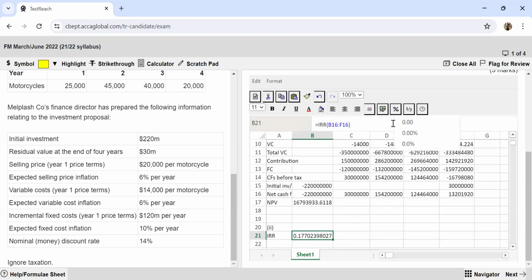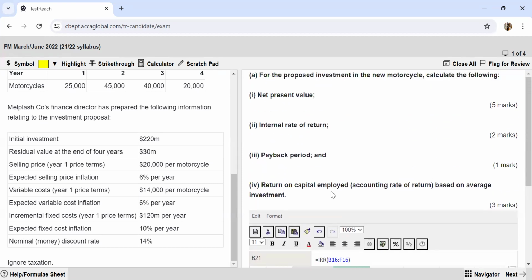You just convert it to a percentage format, and then it gives you your IRR of 17.7%. If you again use the discount factors using the tables which you have, calculating two NPVs using the interpolation method, you'll get a slightly different answer, but that variation is completely all right. So this was a relatively easy part.